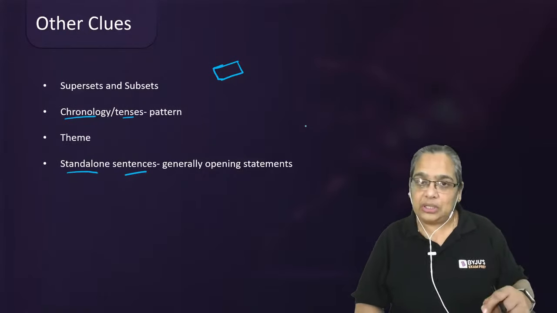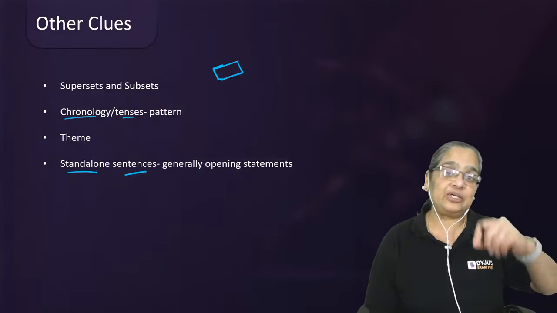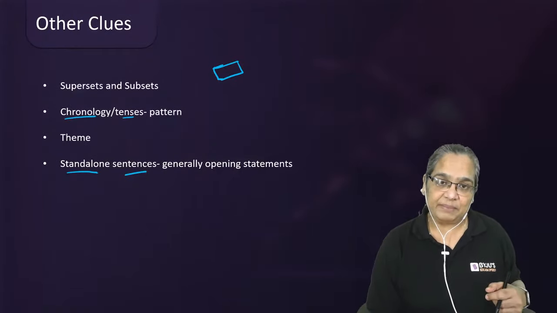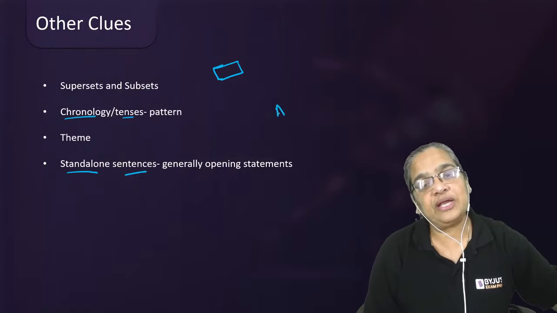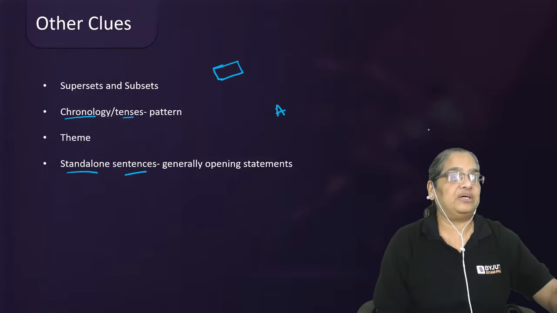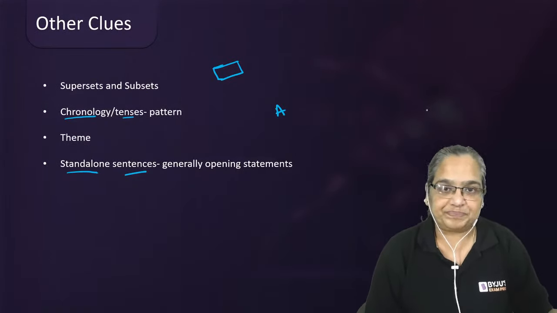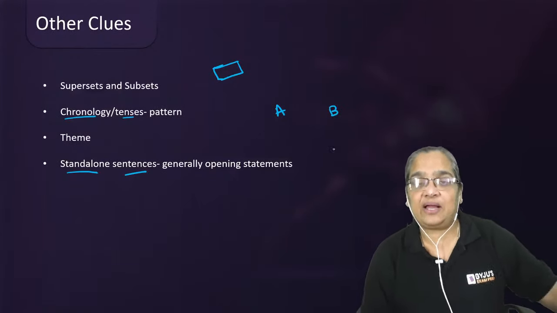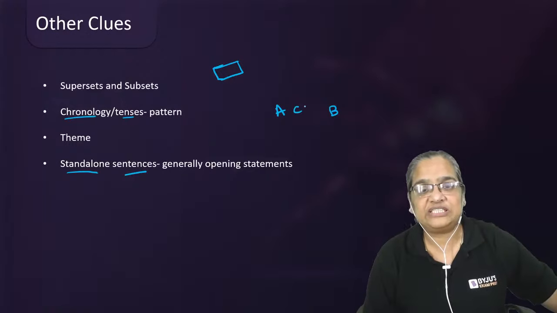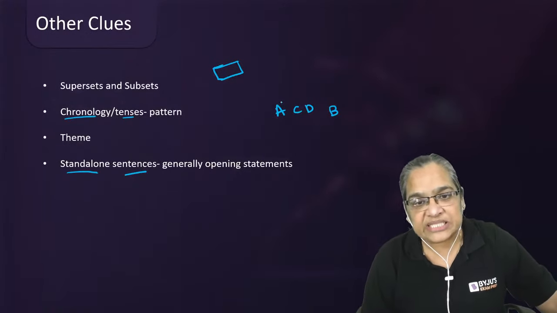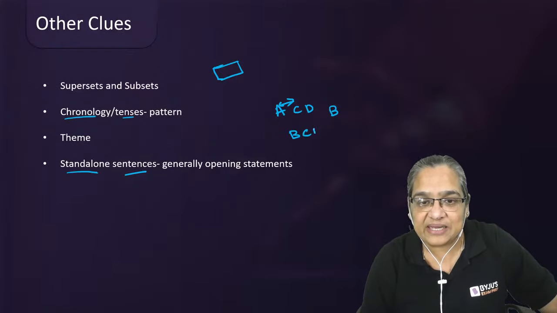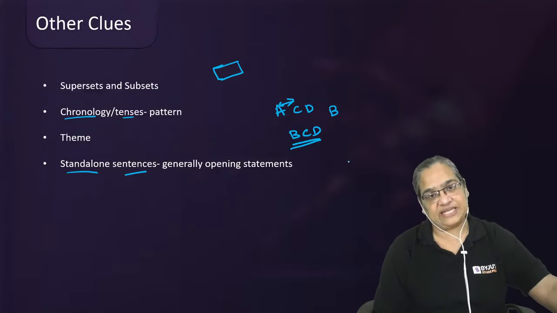But I'm not saying every time you get a standalone sentence in a parajumble, it will turn out to be the beginning. Let's say you think A looks like a good starting sentence. Now, B also looks like a good starting sentence. And then you have C, D in the middle. So you see that AC doesn't connect as well as BC. Okay. Now, BCD is there.